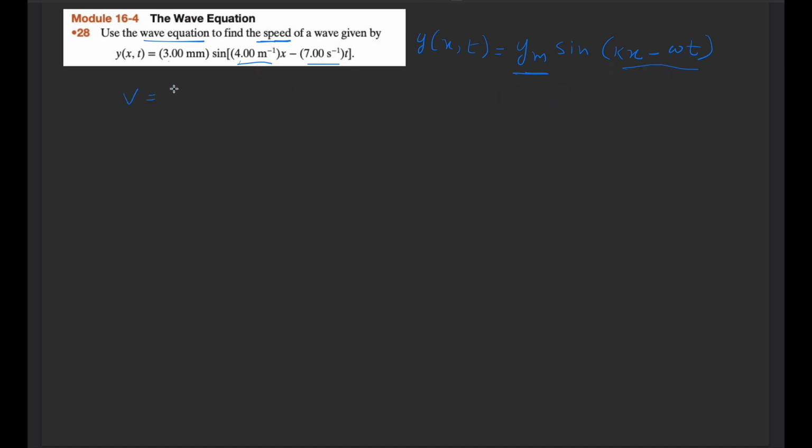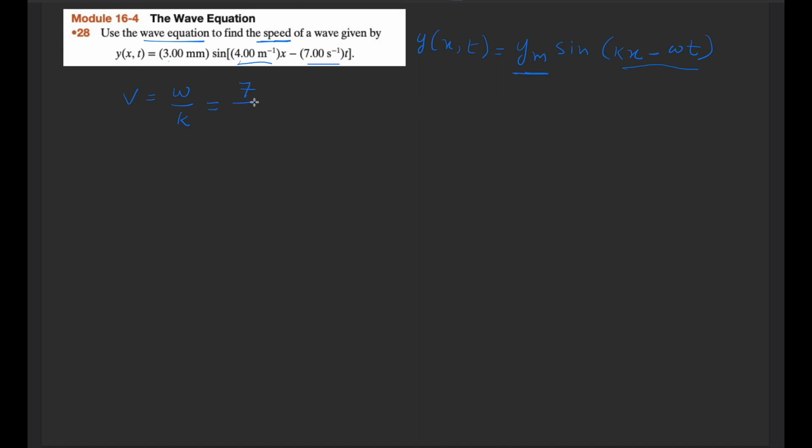The speed of the wave is given by omega divided by k. If you divide omega by k, you will get the speed of the wave. So omega is 7, and k is equal to 4.